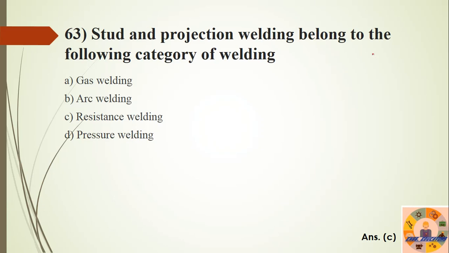So the right answer for this question will be option C, resistance welding, because we know spot welding, seam welding, projection welding, flash welding, upset welding, percussion welding, high frequency resistance welding and stud welding are the types of resistance welding processes.